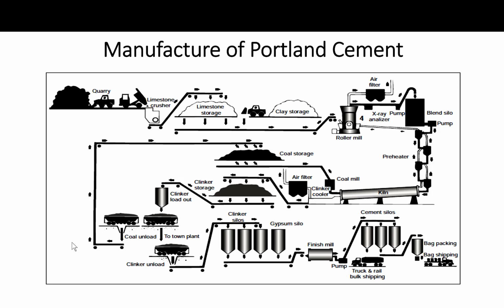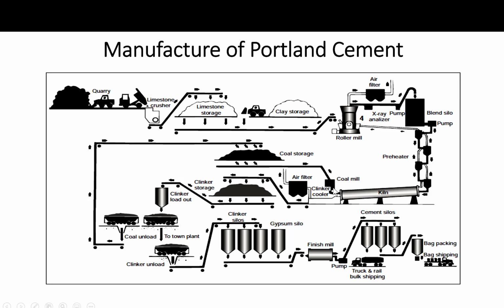This is again a schematic diagram showing the process from quarry to shipping the cement, and again all the processes we talked about: quarrying, crushing, storing it, grinding the material, doing the quality control on the feed, feeding the material into the suspension tower, going through the kiln.